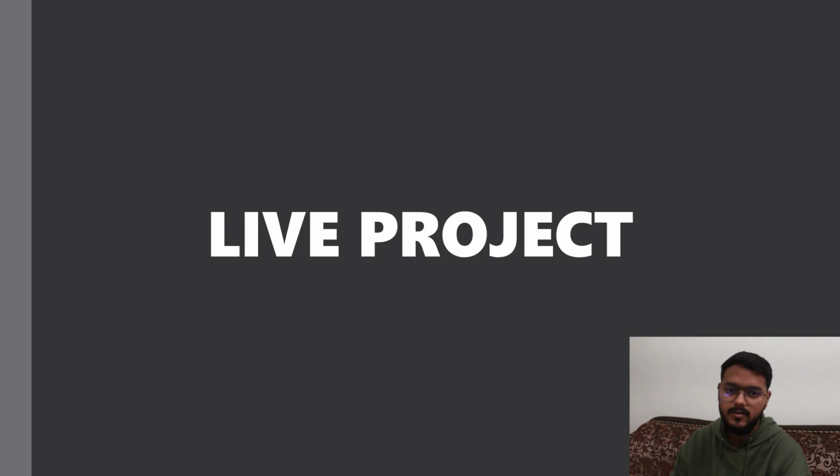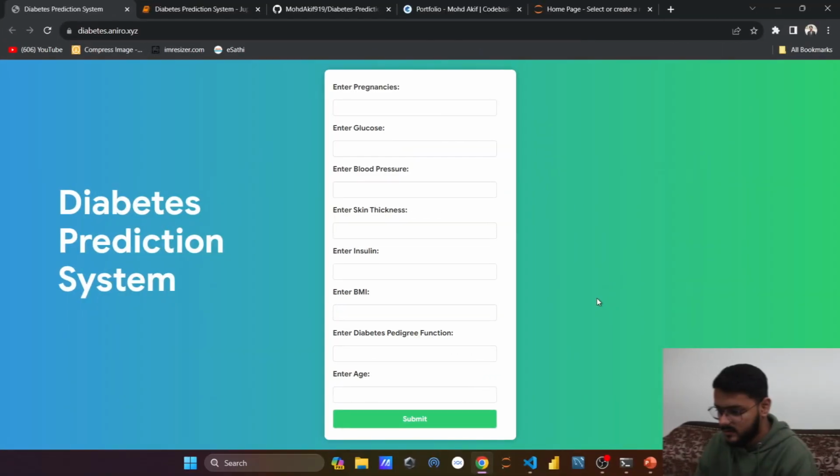So let's check out the live project. So this is the project itself, and it will ask you for some inputs. When you fill out all these inputs and click on submit, it will show the result whether you are a diabetes patient or not. So let's check out some.